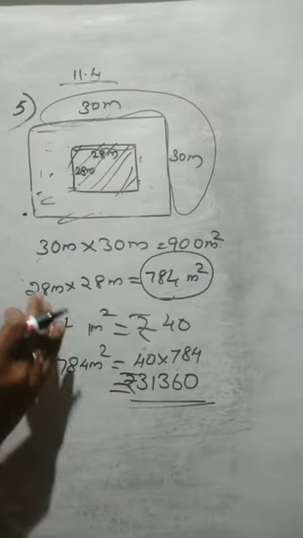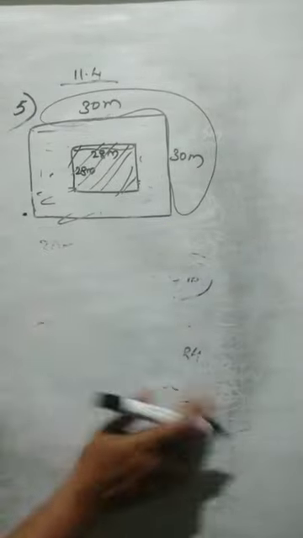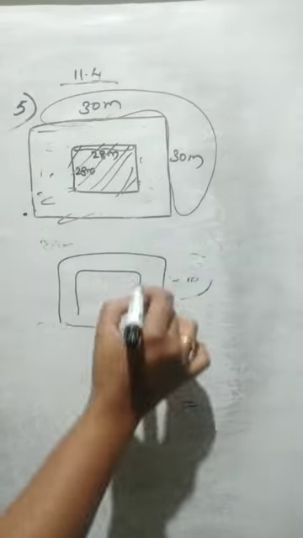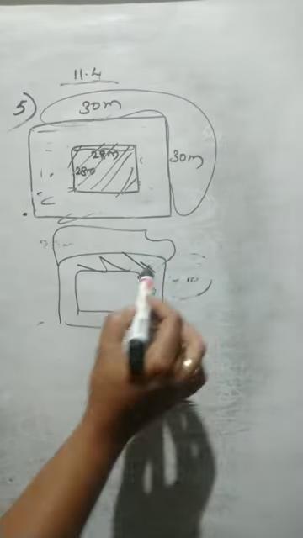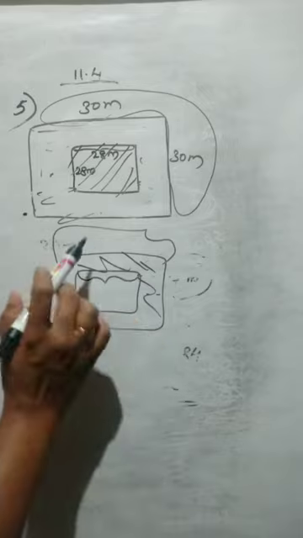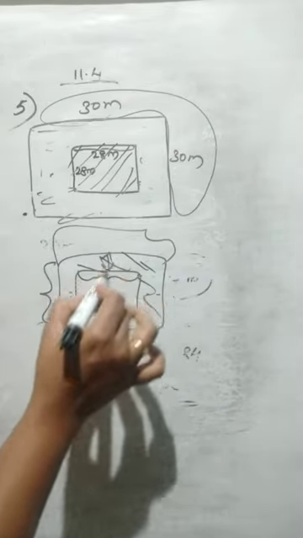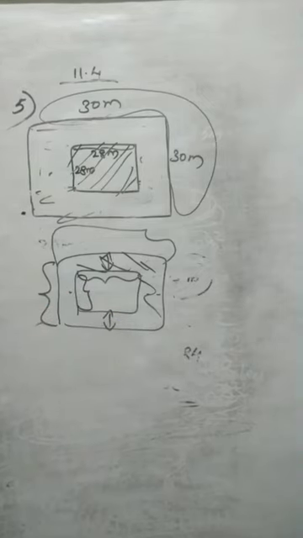Whether it is the path, or any other width, or margin, it will be drawn here. Then this total minus these both sides will be the length here, and this total minus the width from these two sides will be here. Clear? I think you got the idea of how we can find out this type of problems. Thank you.